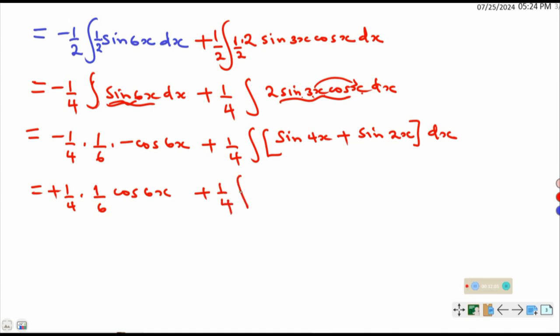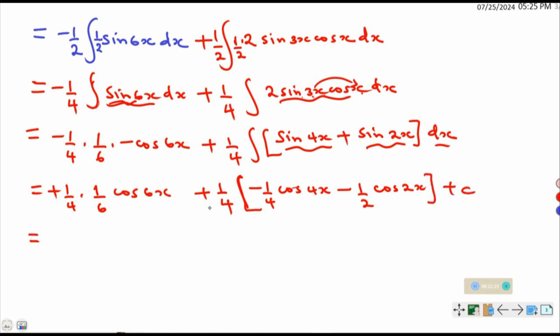We can now easily integrate this. When you integrate sine 4x with respect to x, you will get negative a quarter cos of 4x. When you integrate this, you'll get minus a half cos of 2x, then plus c.